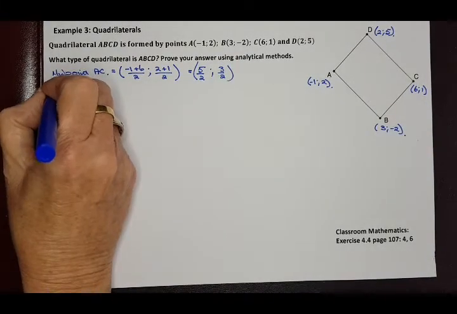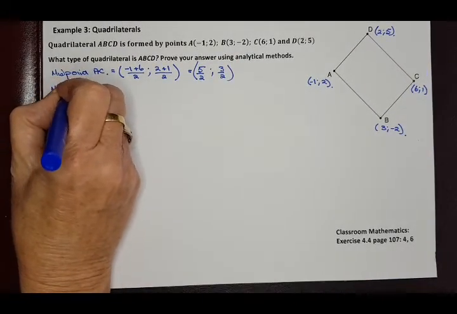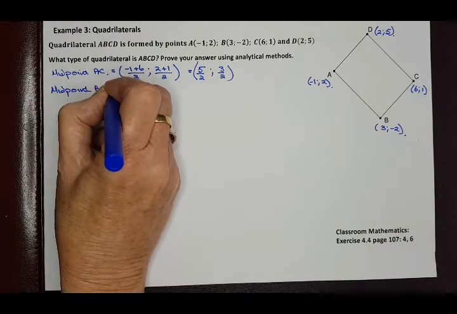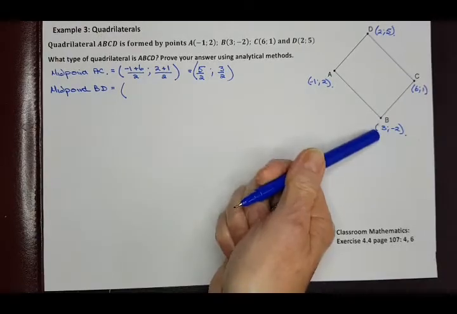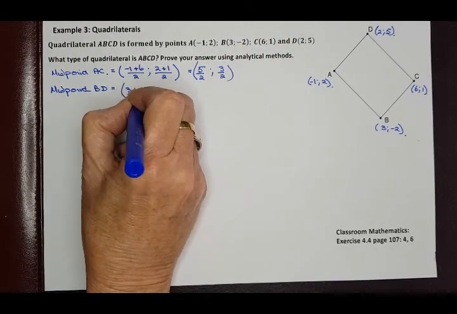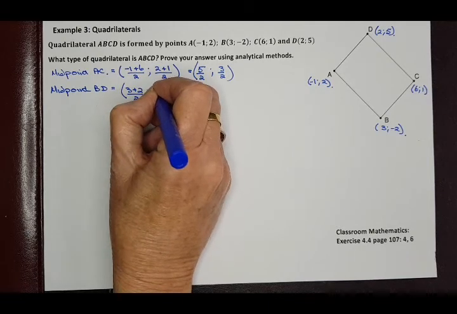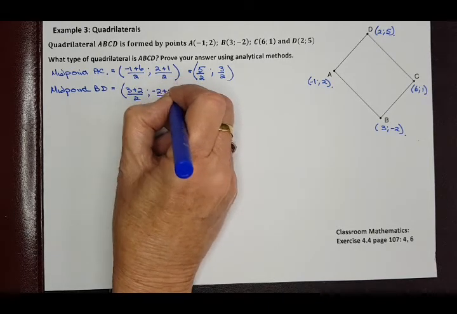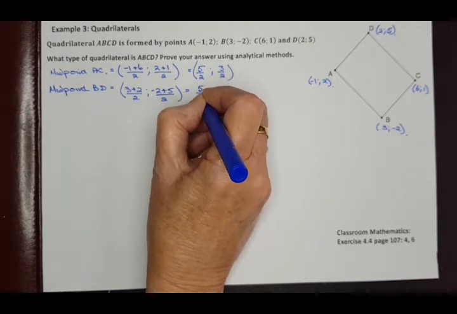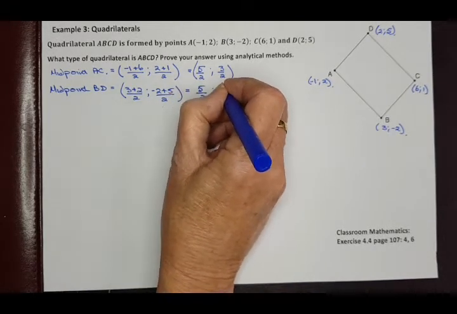If I now work out the midpoint of BD, same process, 3 plus 2 and minus 2 plus 5, I land up with 5 over 2 and 3 over 2.